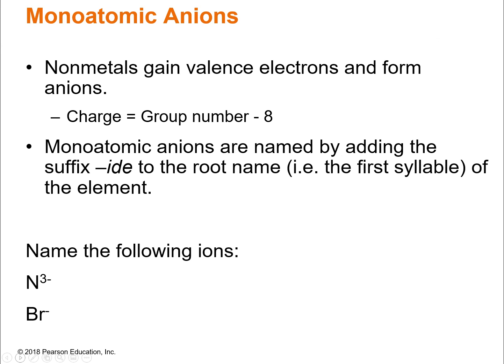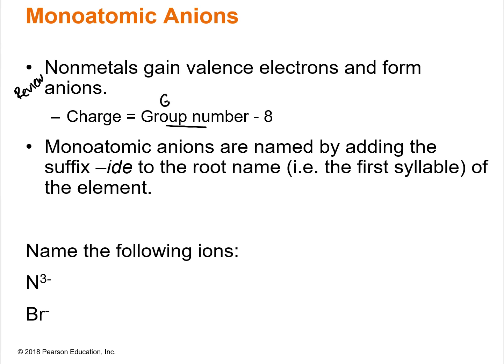Now we're jumping over to anions. We're going to start with the monoatomic anions. The part I'm about to say should be review. Nonmetals gain valence electrons to form anions, which are the negatively charged ions. To figure out the charge, you can again use the group number.